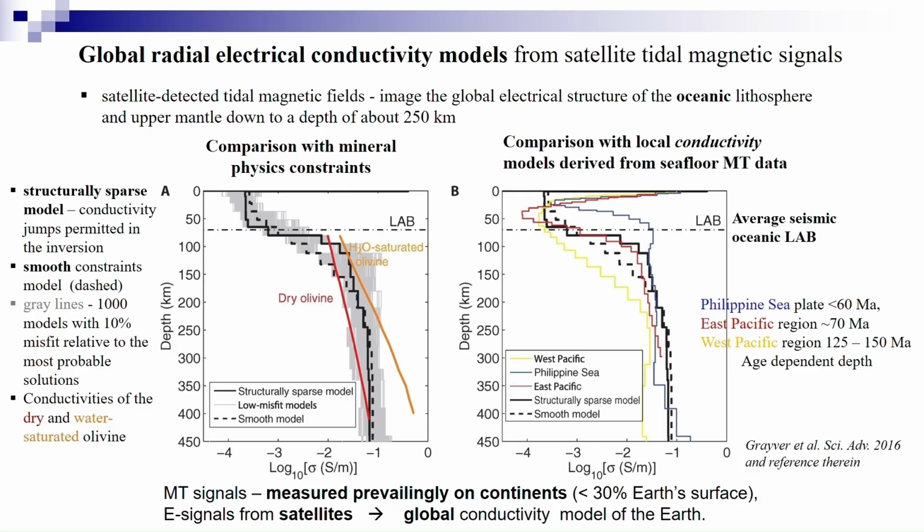On the left, the retrieved conductivity lies between values for the dry and wet olivine, the main constituent of the upper mantle material. On the right, we see a comparison of the model from satellite data with local conductivity models derived from seafloor magnetotelluric data in Philippine and Pacific regions. The results correlate well with the average seismic oceanic LAB.